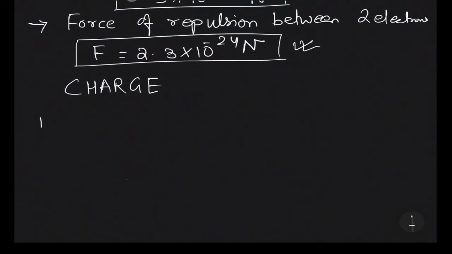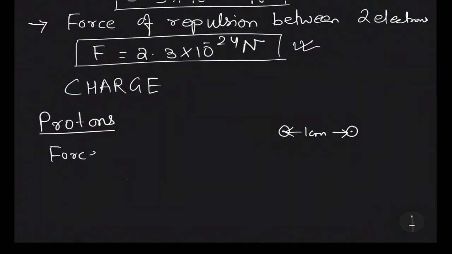Now let us come to protons. Say again I have two protons situated at a distance of 1 centimeter apart. Now here also force of repulsion exists. Force of repulsion, and it is approximately, I'll write here, 2.3 into 10 to the power of minus 24 Newton.